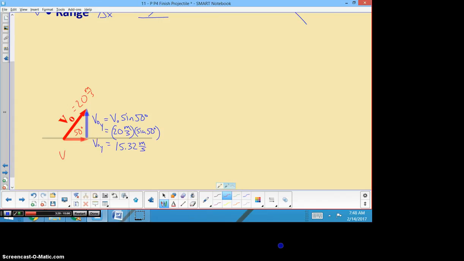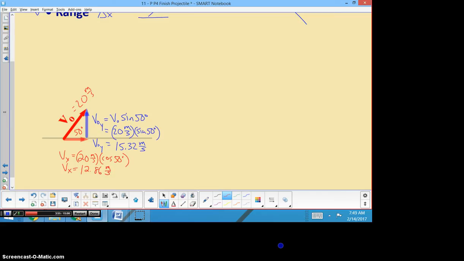We'll do the same thing in the x direction. I'm not going to call it v0x though. Does anybody know why? Well, if you remember, in the horizontal direction, the velocity is constant. So we can just label it as vx. We'll take that 20 meters each second, multiply it by the cosine of 50, and we get 12.86 meters each second for Vx.